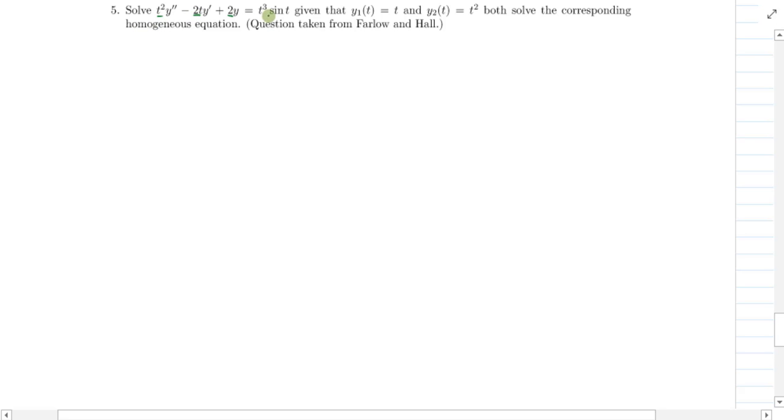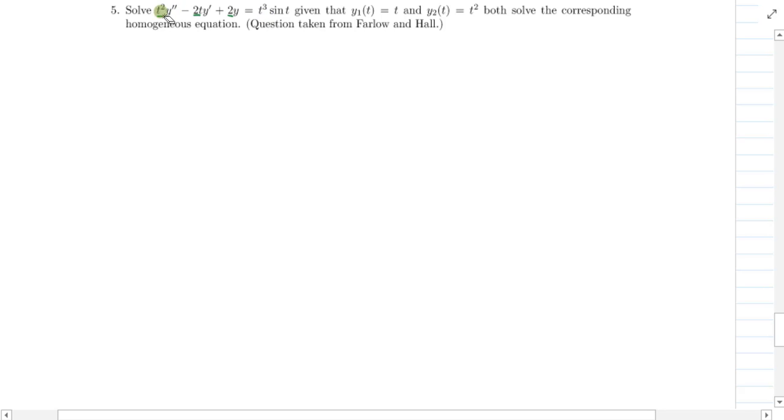The other thing is that if these had been constant coefficients, we could have used the method of undetermined coefficients on this, because it's a polynomial times a trig function. But you could have far more complicated functions here and still usually end up being able to use this procedure in the problems we encounter in this class.